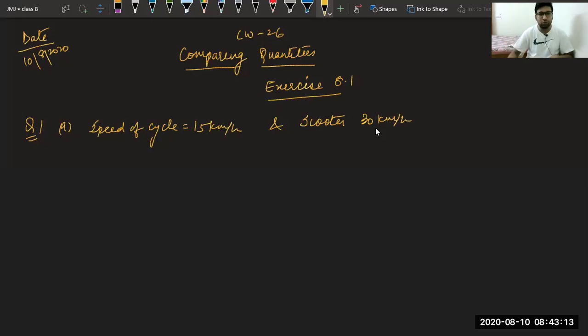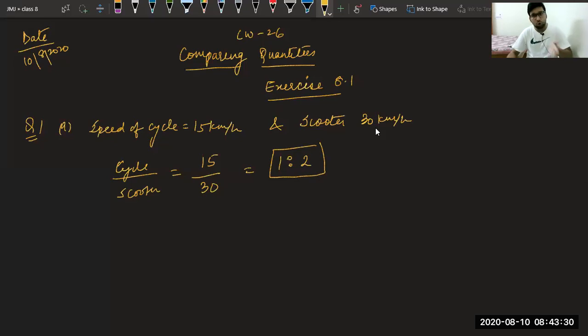That means we have to find cycle speed upon scooter speed, which is 15 upon 30, or we can solve it as 1:2. The ratio of speed of cycle to scooter is 1:2.